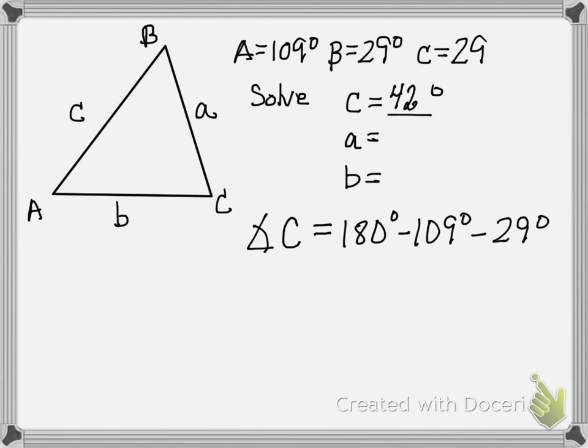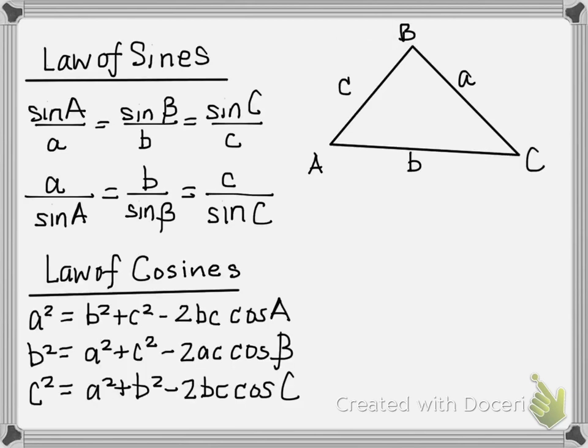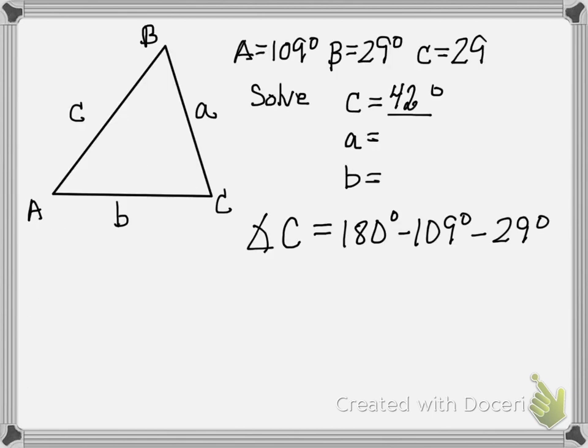Next, we're going to find one of these sides. It doesn't matter whether we go side A or side B. Notice when we look at the formulas for the law of sines that we can put the angles in the numerator or we can put the sides in the numerator. Whatever I'm going to be solving for, that's what I'm going to put in the numerator. So since I'm going to solve for a side, either side A or side B, I'll do side A. I'm going to put side A in the numerator.